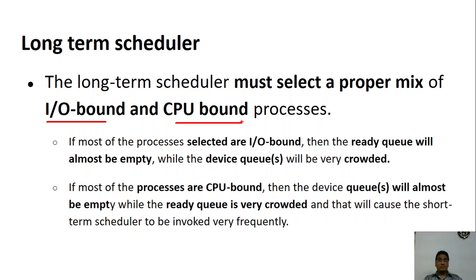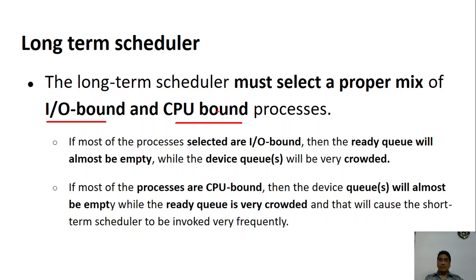So there are two types of processes, and this long-term scheduler must decide which type of processes are loaded. Suppose it loads only CPU bound processes, then what will happen is the CPU is overcrowded.